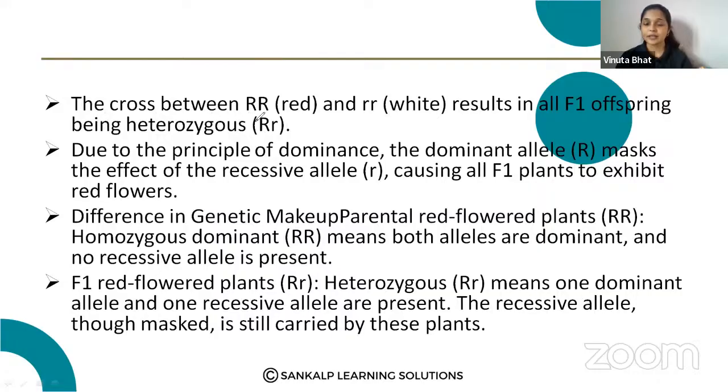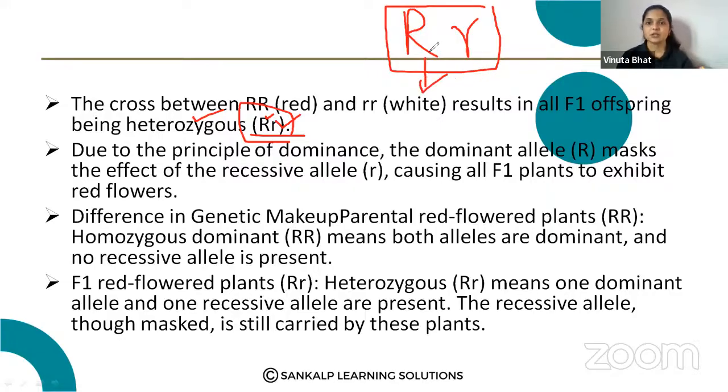The cross between capital R and small r produces this progeny, which is in the heterozygous condition. Here capital R is the dominant trait and small r is the recessive trait. Because of that, in the F1 generation, red color flowers are expressed, not the white color flowers. So that you have to explain.